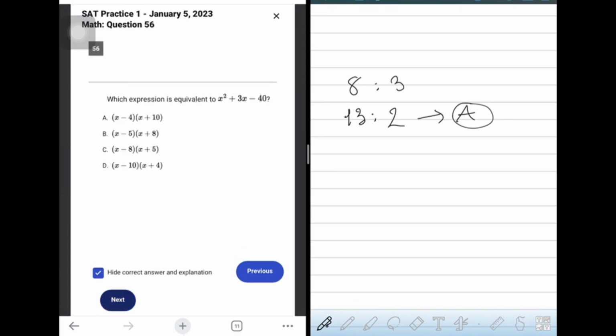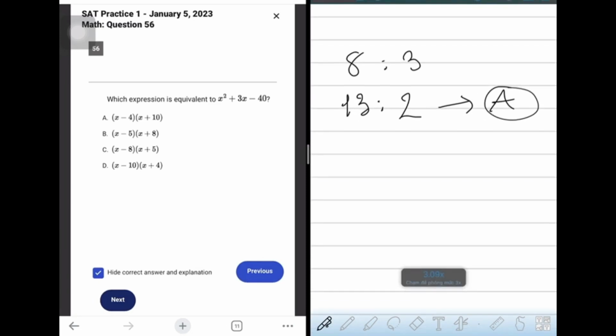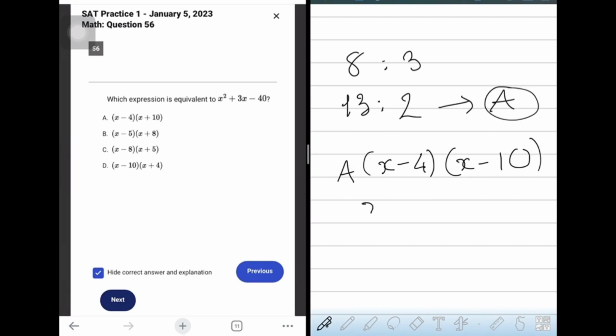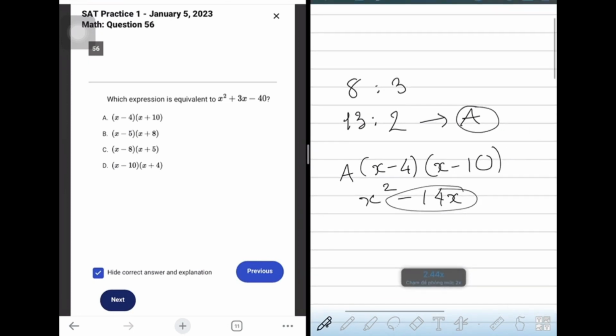Next, this was kind of easy, so I will do it quickly, okay? Now you see it's minus 4 and plus 10, so it will be x square and then minus 14, so it's not the same as the question, so A is not correct.